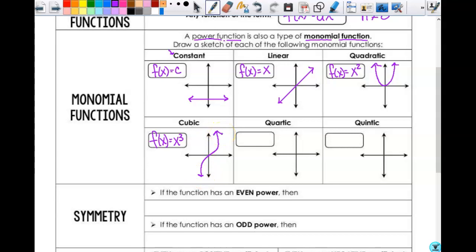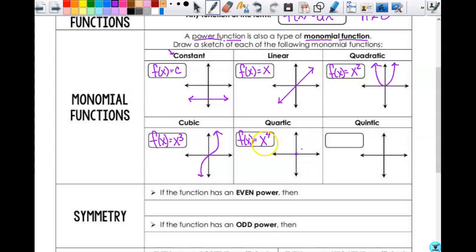Quartic, f of x equals x to the fourth, like a quarter, quartic. Maybe you don't know what that one looks like, so let's think about that. If I substitute in 0, I get 0. If I substitute in 1, 1 to the fourth is 1.